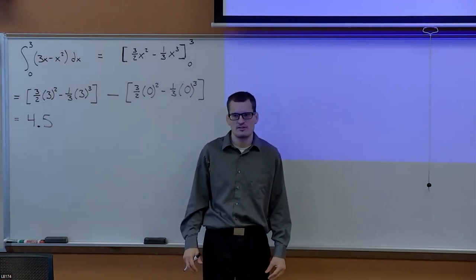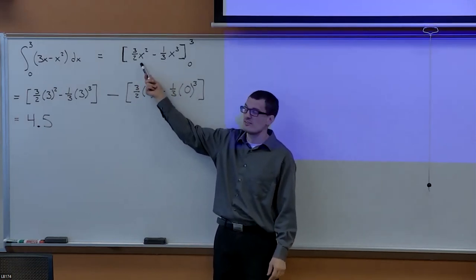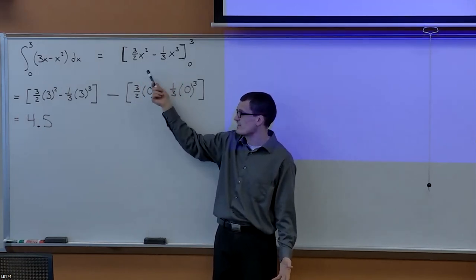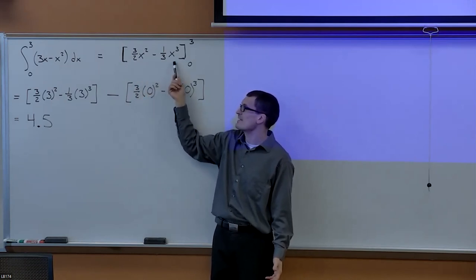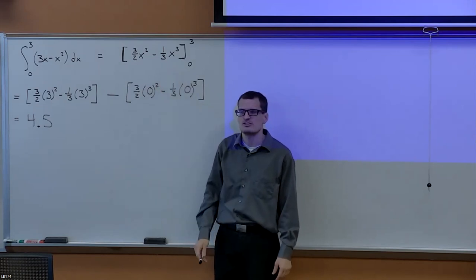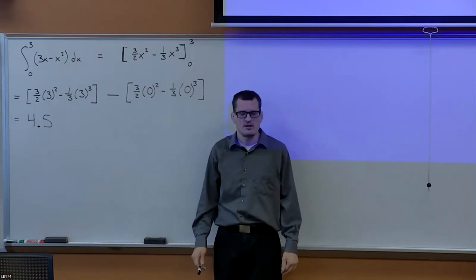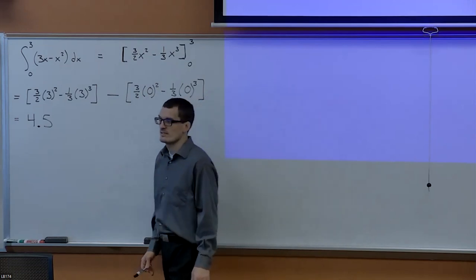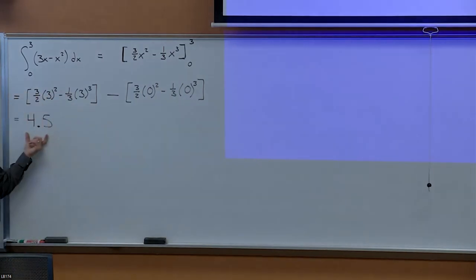Usually, if it's like finding an antiderivative, like if I'm just finding the antiderivative of 3x minus x squared, I want to keep it in fraction form. But again, if it's a numerical answer, most of the time it's probably rounded to 2 decimal places.